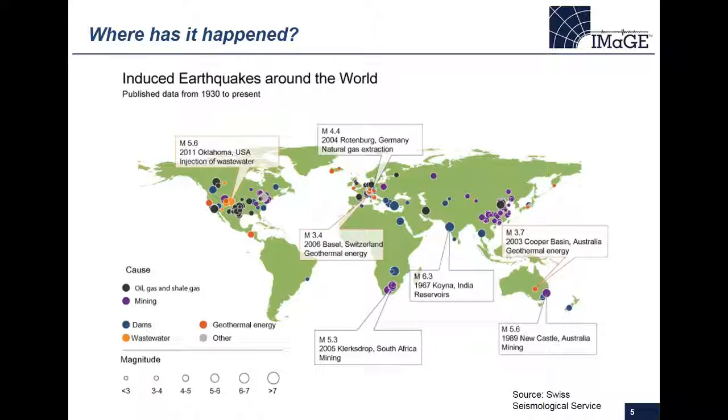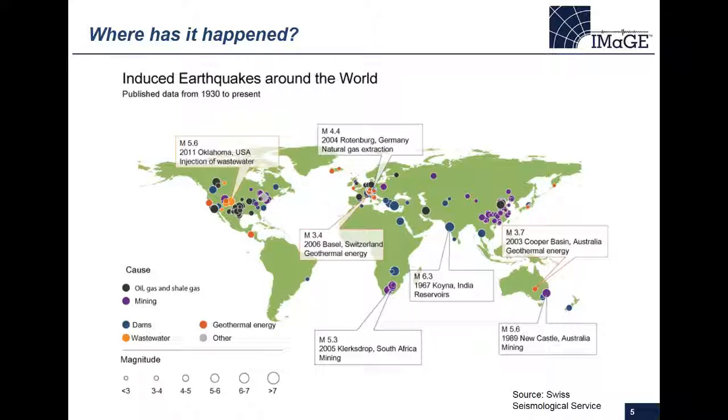Whereas with mining induced seismicity, we get a lot in Asia and South Africa, but there's still some in Europe and in the eastern United States, so worldwide. And even things like geothermal energy, we're getting a lot of those in Europe and even up in Iceland too. So the cause can be anything, and they can occur throughout the world.